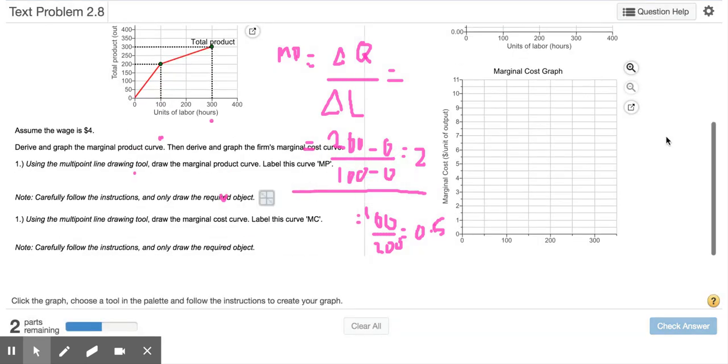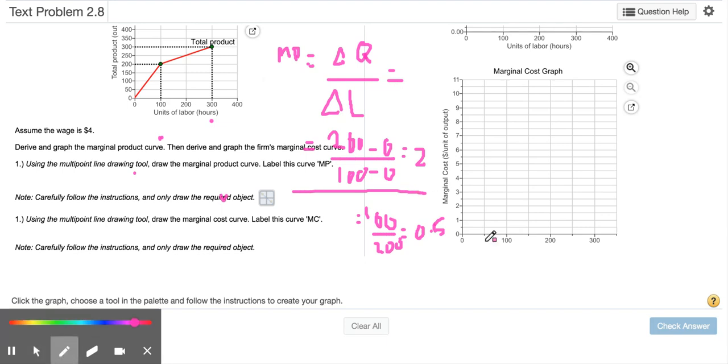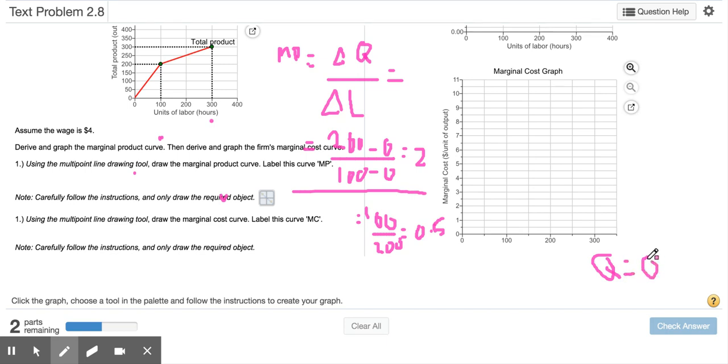Now, to draw the marginal cost curve, you need to be a little more careful, because sometimes people confuse the axes. On the horizontal axis for the marginal cost curve, we have Q, quantity of output. And over here we have marginal cost on the vertical axis.